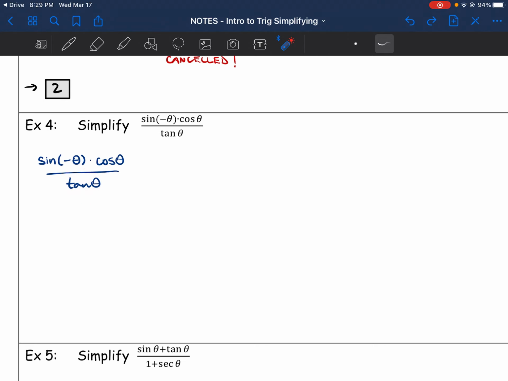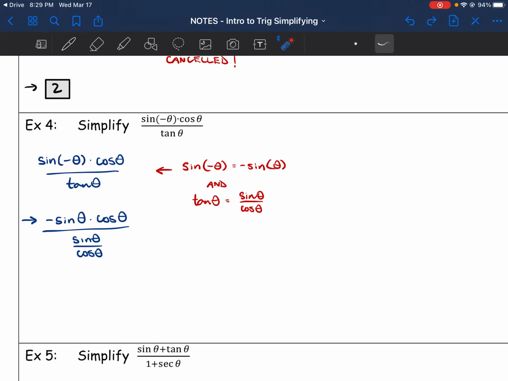And you're noticing in a lot of these problems, the very first step is to decompose everything that you can into sines and cosines. It's a very useful strategy. So that's what I do first. Sine of negative theta is going to equal negative sine of theta, and tangent of theta is sine theta over cosine theta. So here's the replacements.